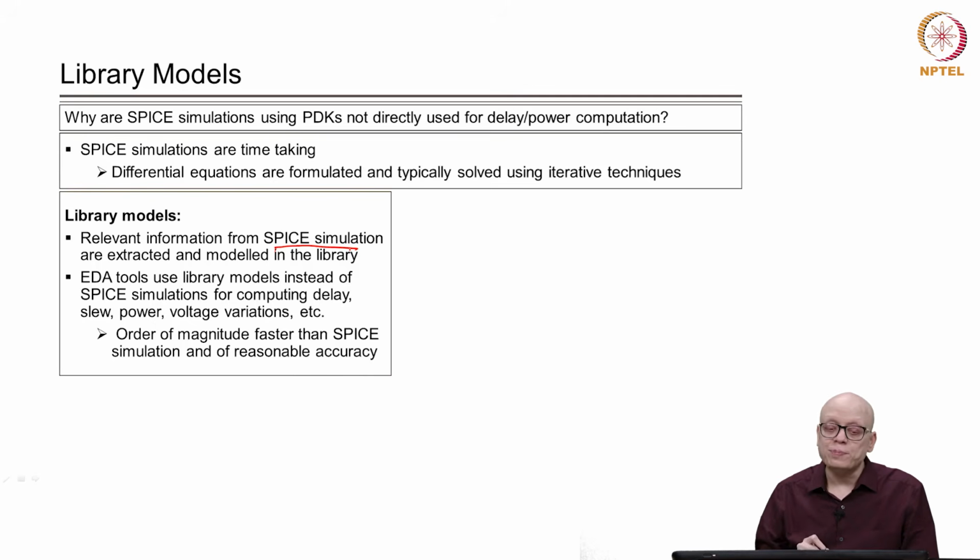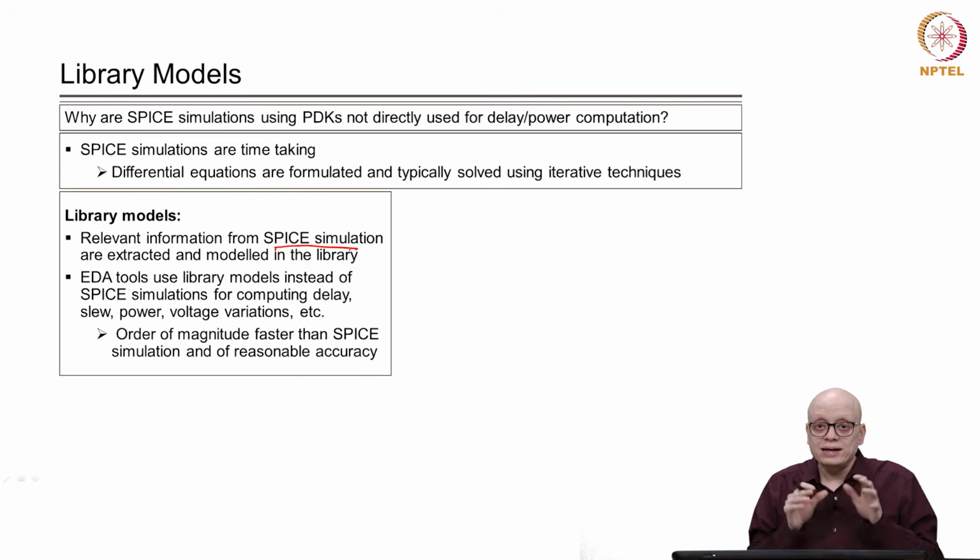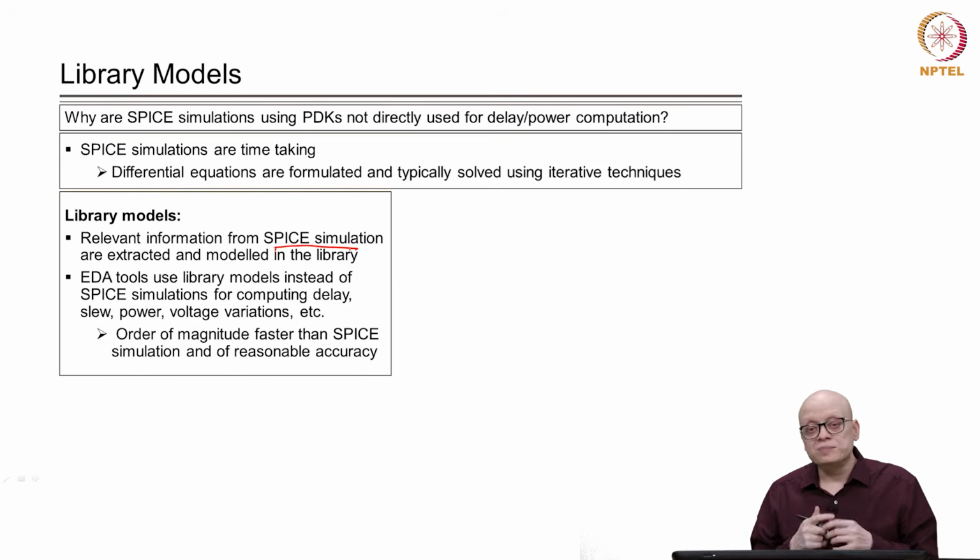So, this is the primary motivation of using library models in our design flow. It speeds up all our verification and implementation tasks.